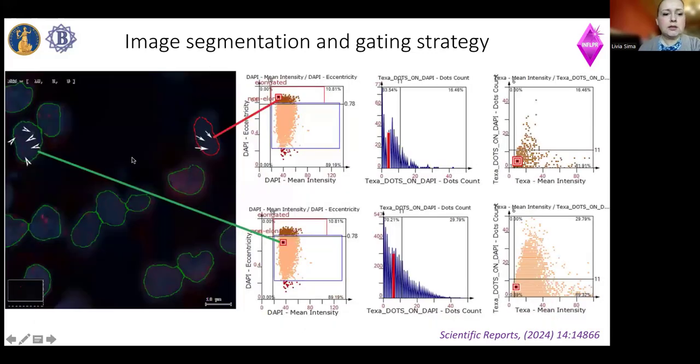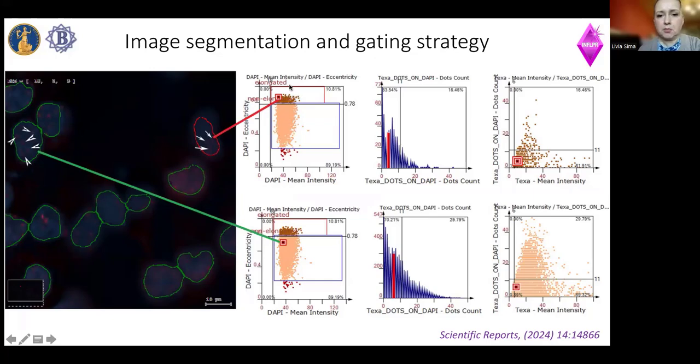And here is an example of how you can use the backward gating of TissueQuest to check the exact corresponding subpopulation from the gates that were set up and how they are identified by the TissueQuest software.